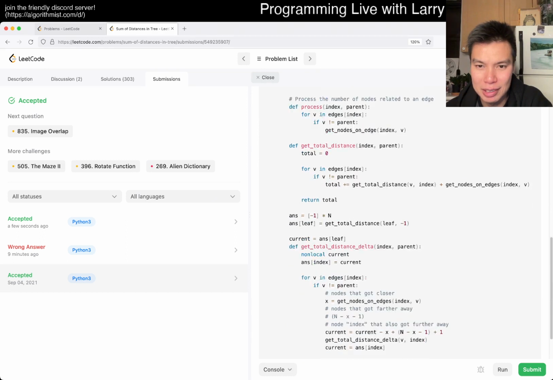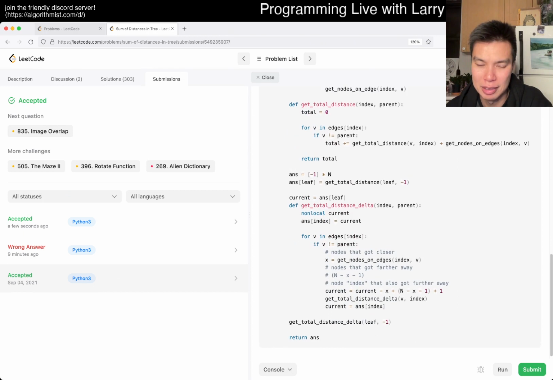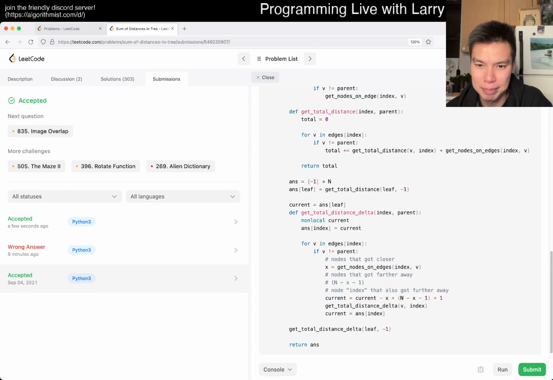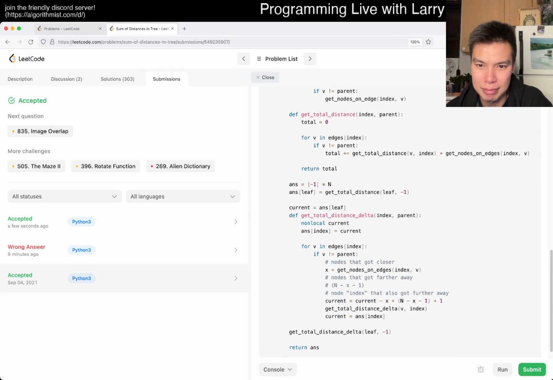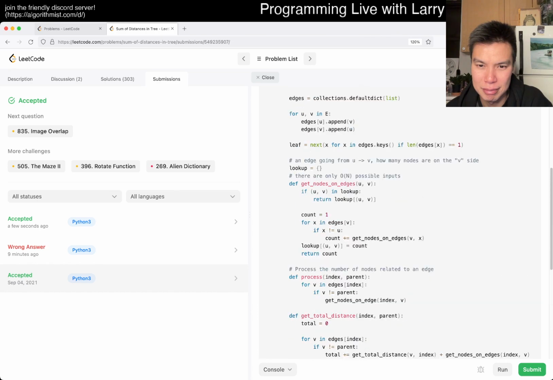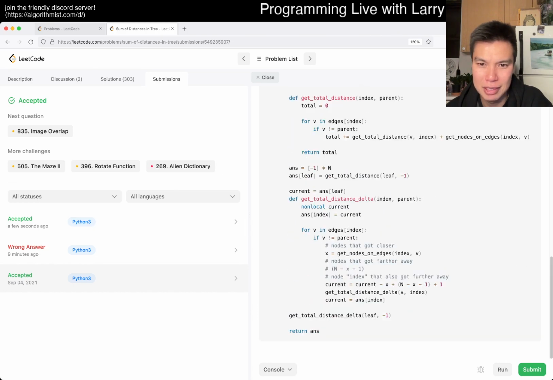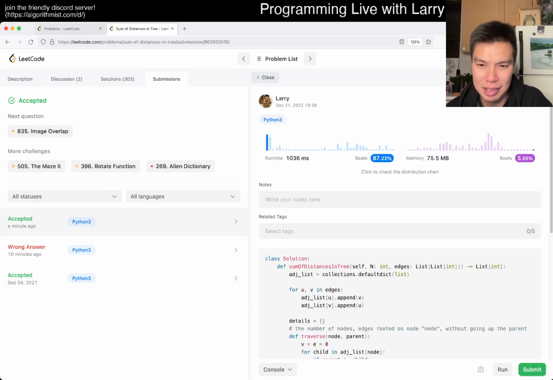The way that I structured this is way smarter though. I think I tried to do too much in my head. Oh no, I think this is okay. I guess time is passing.